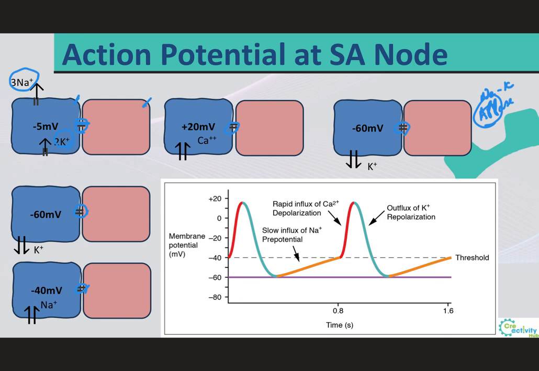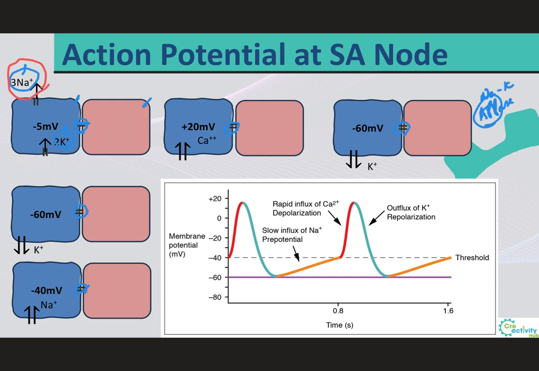Now think about this. If the cell is throwing 3 positive sodium ions outside of the cell and sends 2 positive potassium ions to the inside of the cell, where do we have a net positive charge? Well, the net positive charge is going to be outside, right?